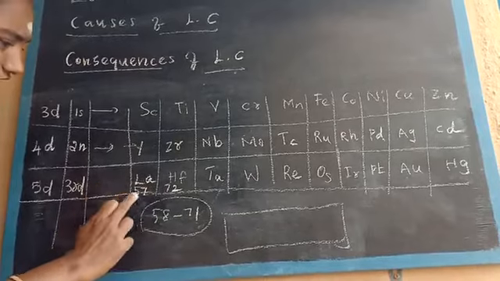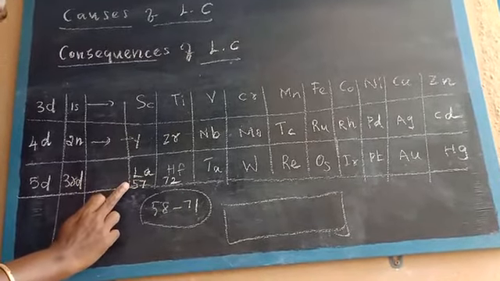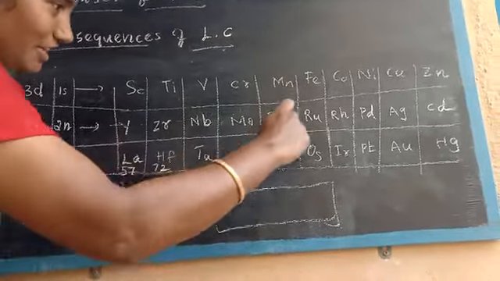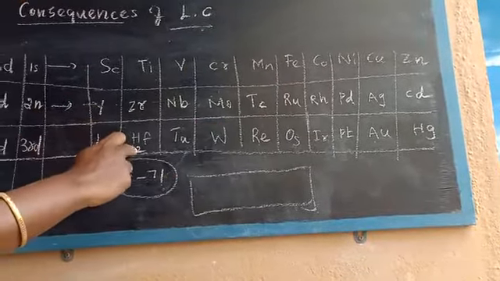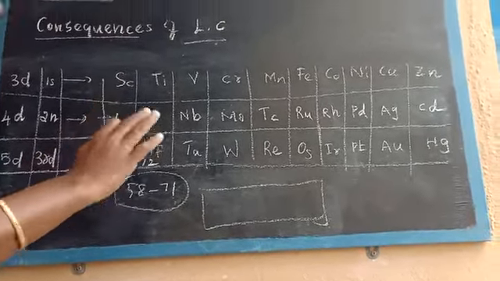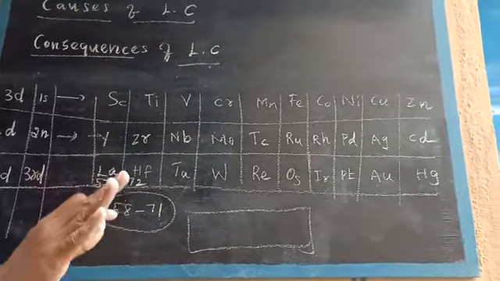Here alone lanthanide contraction occurs. This is the group, and this is the period. In a group generally the size increases, we know very well.